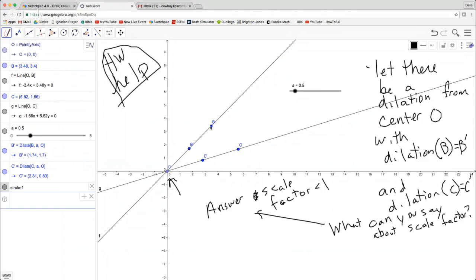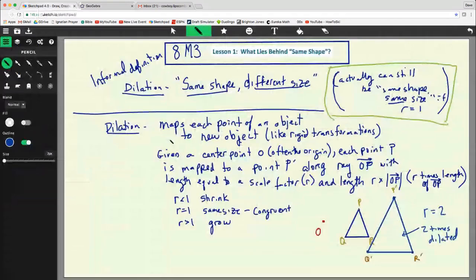Why? Because it's a shrink. We are making it smaller. We are bringing the points closer to our center. So if the points come closer to the center, then the object or the points are being shrunk. And so a scale factor of less than 1, remember, if we go back to our rule, R is less than 1, that's shrinking.